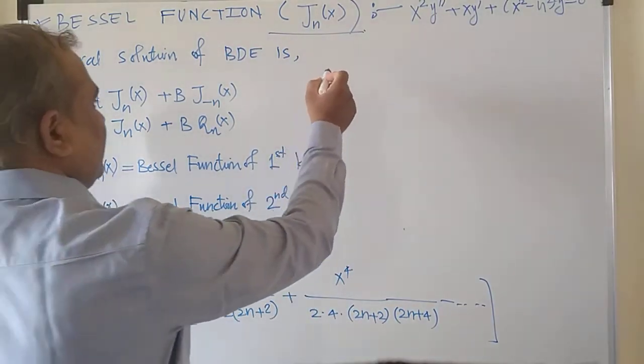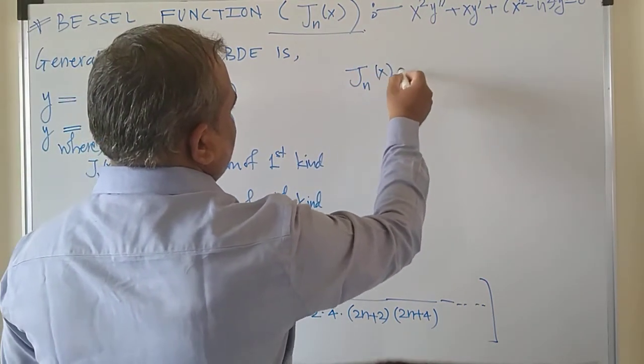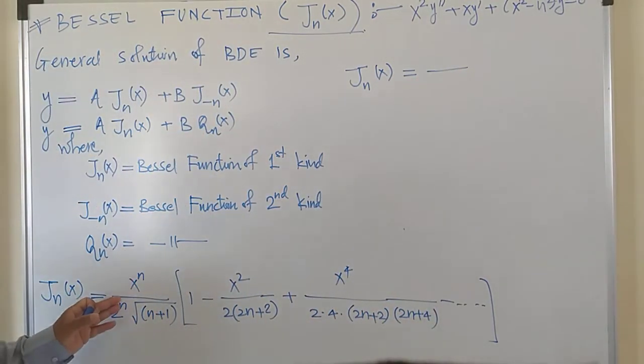I will write now here. So this Jn of x is equals to, how can one simplify this?